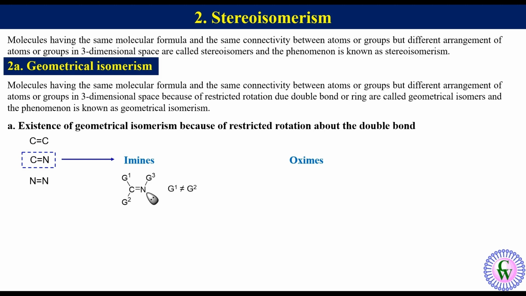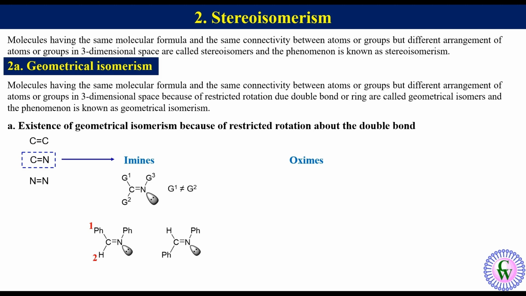For example, the imine formed by the reaction between benzaldehyde and aniline has two geometrical isomers, one with two phenyl groups on the same side of the C=N double bond and the other with the two phenyl groups on the opposite sides of the double bond. To find the configuration, the phenyl group attached to carbon is given number 1 and H number 2.